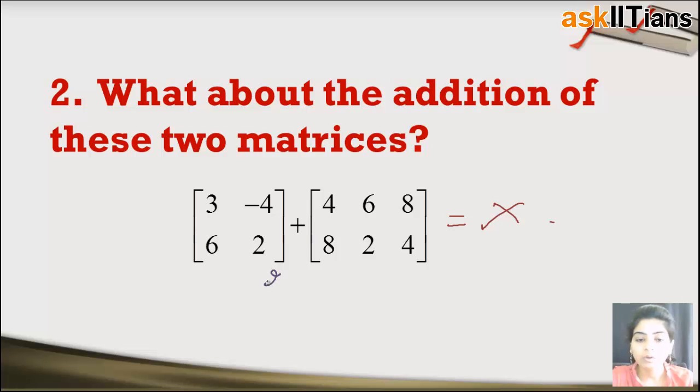So we first check the order of this matrix, which is 2 cross 2, 2 rows, 2 columns. Now what about this one? It has 2 rows, 3 columns. So the order is 2 cross 3. So is it possible to add these two matrices? The answer is simply no. Why? Because the order of both the matrices is not the same, right?